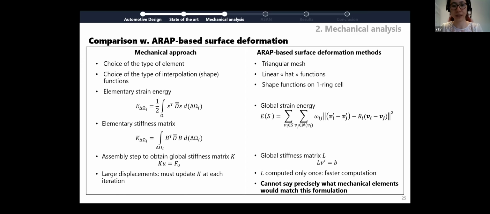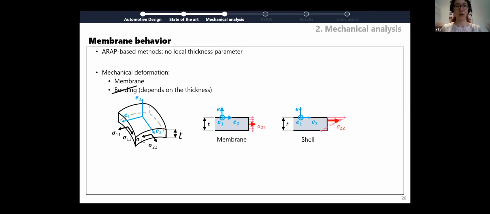So the downside is that we cannot say precisely what mechanical elements would match this formulation. However, what we can say is that ARAP-based methods have no local thickness parameter. And since bending deformation depends on the thickness, the behavior of ARAP-based methods is closer to a membrane element where stresses are considered constant through the thickness.